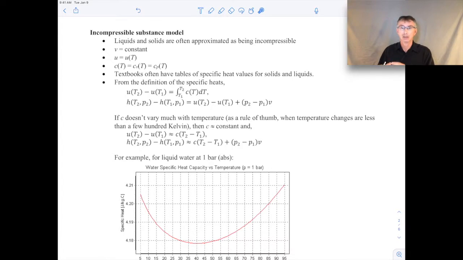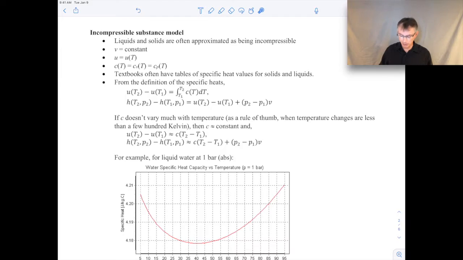Similarly, if you use the superheated vapor tables, for example, for modeling the vapor phase or kind of the gas phase for different substances, those are the most precise way to get properties. But the ideal gas model is a good approximation to that kind of behavior. And so in many engineering circumstances, we use the ideal gas model to just save us a little time. It's a little more convenient in certain circumstances.